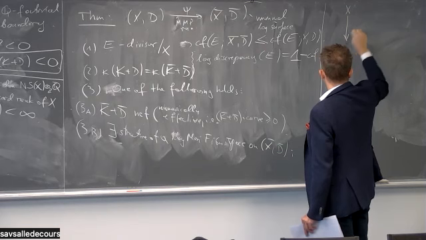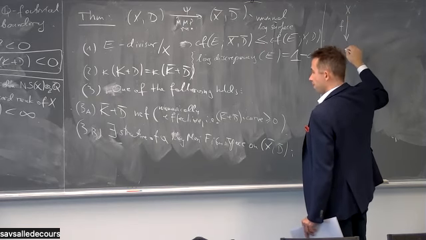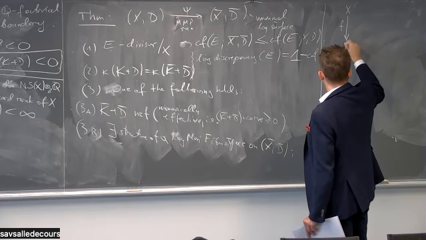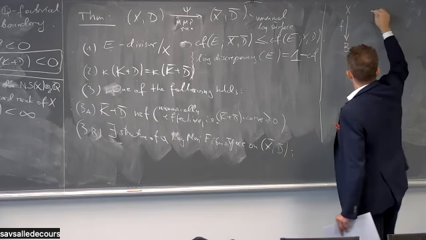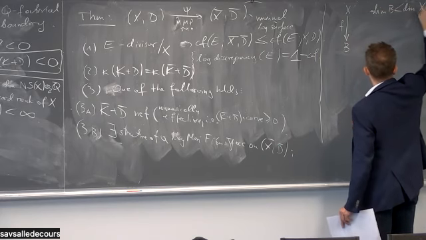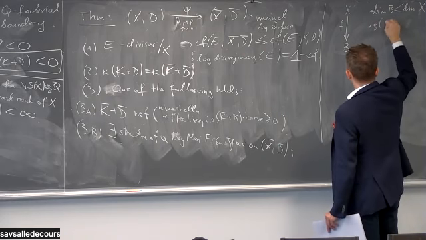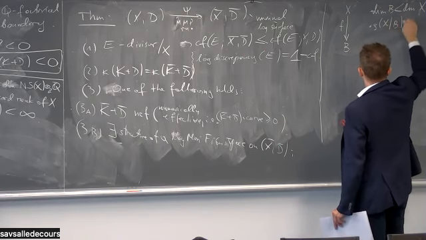Now I need to explain what this means. So what is this object? A log Mori fiber space on X bar, D bar is a fibration over some base B such that the dimension of B is smaller than the dimension of X bar. The relative Picard rank is 1.